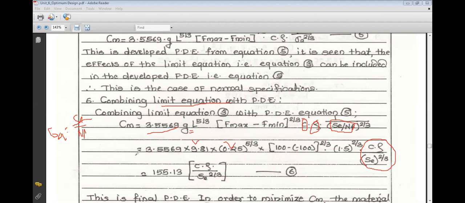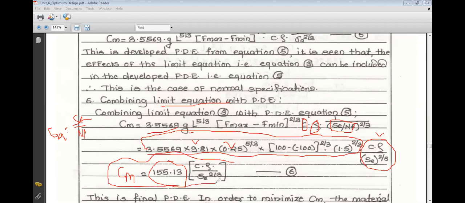If we calculate all these constants, the value comes to be 155.13, and the material selection factor is the same, C rho upon SC raised to 2 by 3. So this is the final developed primary design equation in order to minimize the cost.